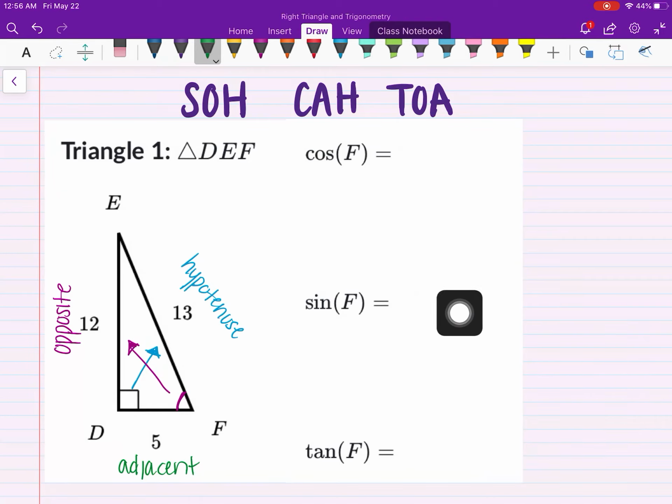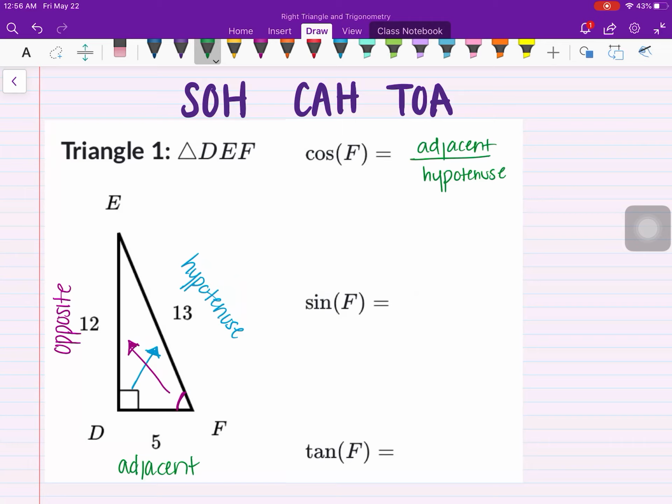So now let's move on to identifying what cosine, sine, and tangent of F equal. I did write our acronym here. We have SOHCAHTOA, and if I want to find cosine, cosine is basically adjacent over hypotenuse.